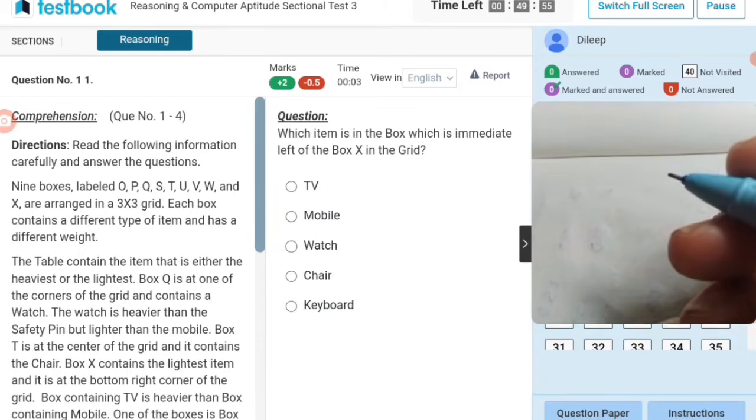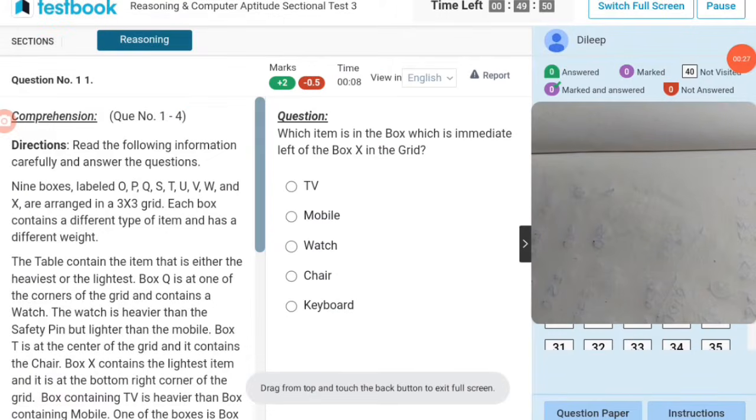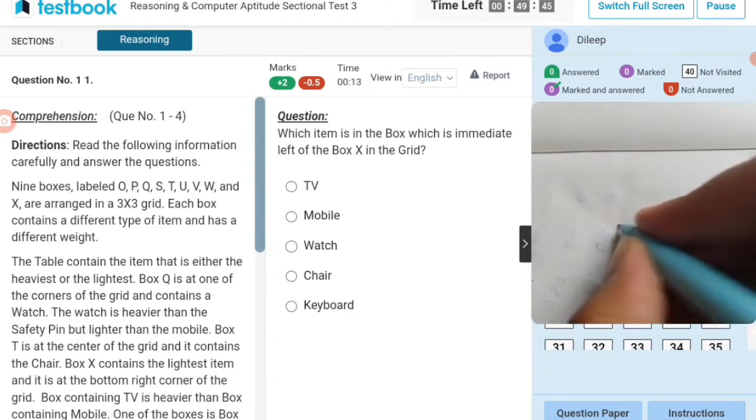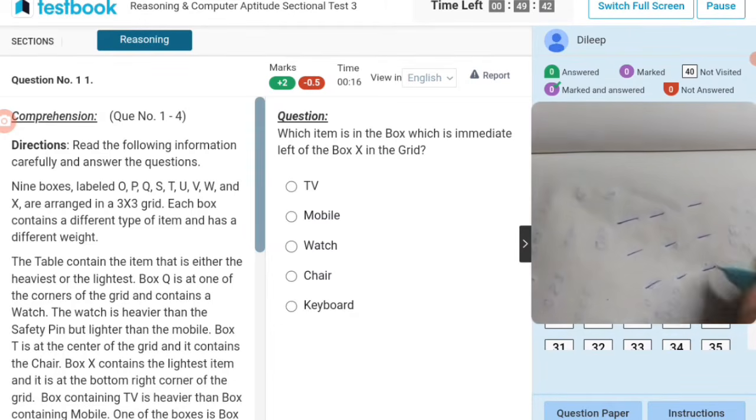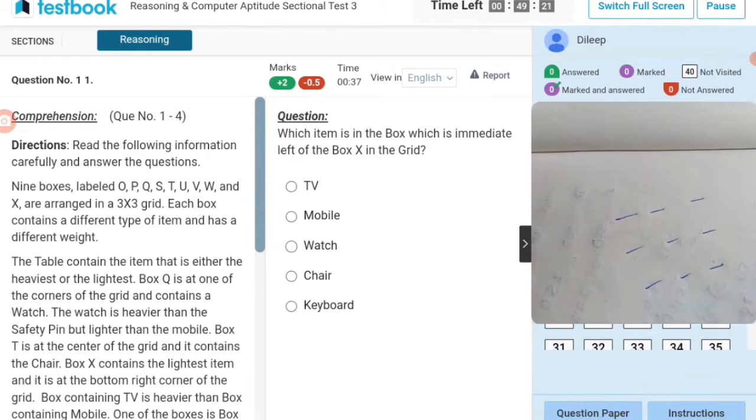Nine boxes in a 3x3 grid. I think 1 2 3, 1 2 3, 1 2 3. So Q is one of the corners and the grid contains a watch. Bottom right corner.